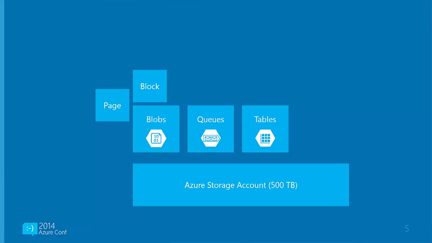Page blobs are optimized for random reads and writes, which means they're best suited for NTFS workloads, for example. And this is also why drives and disks are actually available as page blobs in your storage account.